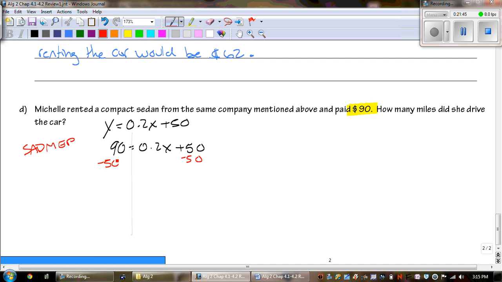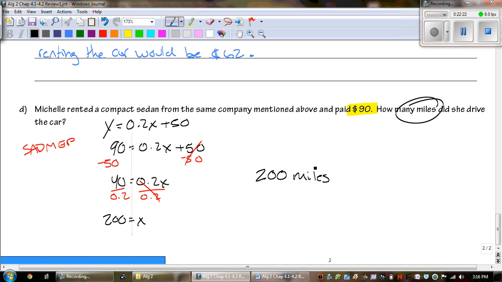Subtract 50 from both sides, and we get 40 equals 0.2x. And then the last thing we would do is divide both sides by 0.2, okay? And this is one of the parts where you guys would get to use your baby calculator. So 40 divided by 0.2, and you should get 200 equals x, and 200 is not my answer because I want to know how many miles. So that would be 200 miles.